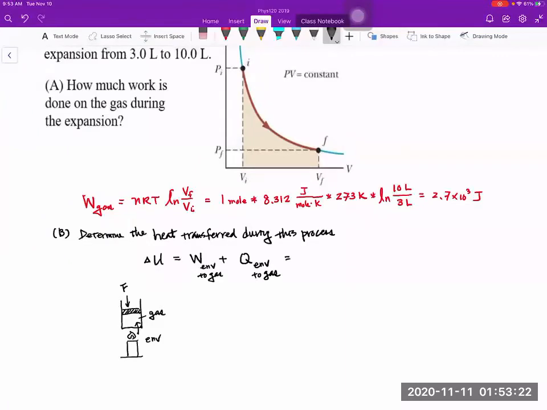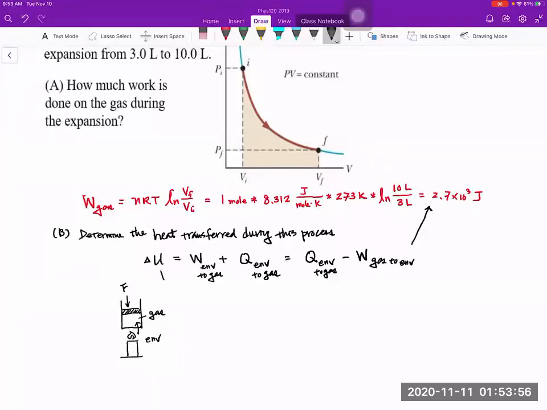Okay, so I can write this in another way. If I wanted to find out the work done by the gas on the environment, which is this number that we got from here, then we can find out the heat during this process.